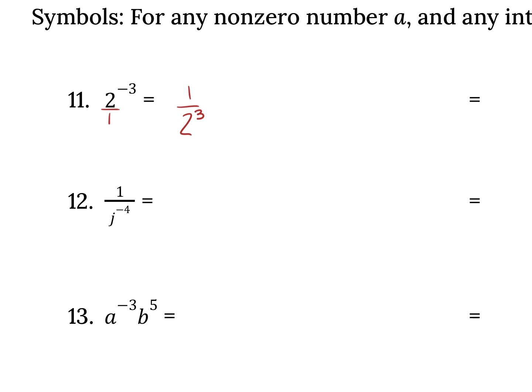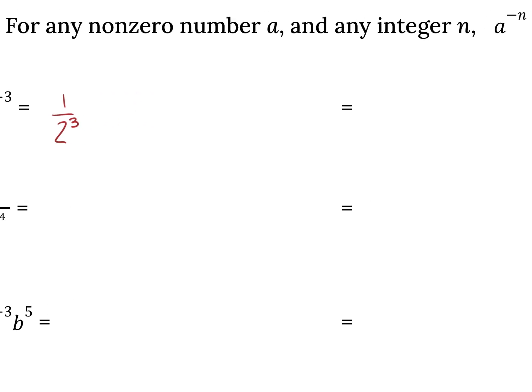This is something you are absolutely encouraged to use your calculator for if you need it, okay? Because you might not know 2 to the 3rd off the top of your head, and that is absolutely okay. If you do know 2 to the 3rd or you want to work it out, that is also fine. 2 to the 3rd gets me 8, and so my final answer of 1 over 2 to the 3rd is 1/8.